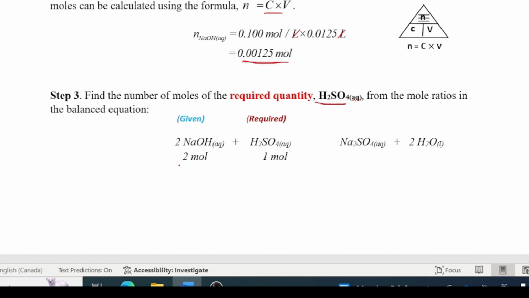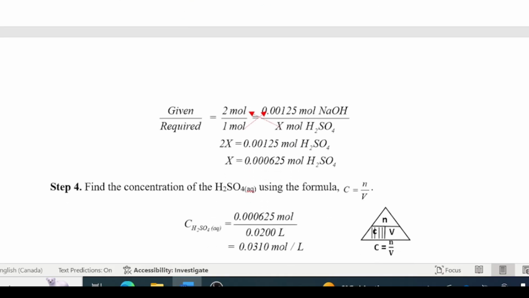You do a balanced equation there. Now you're seeing that 2 moles of that require 1 mole of that for complete neutralization. And then you do your given over required. Your given is the sodium hydroxide, but it's 2 to 1 now based on that equation. When you do your cross multiplication, 2x is equal to that, x is equal to that number of moles of sulfuric acid.